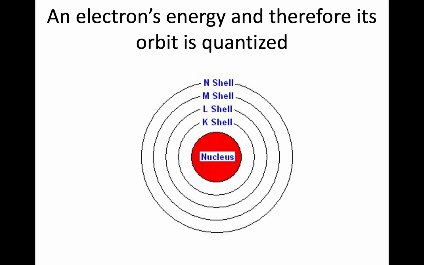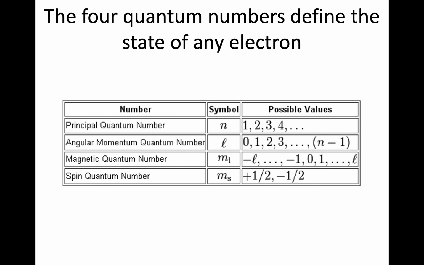And that quantized nature brings up the 4 quantum numbers. Hopefully you've seen these before. I'm not going to go into an extreme amount of detail here, but the principal quantum number, whose symbol is usually n in most resources, takes integers starting at 1 and going up to infinity, and these define the shell.